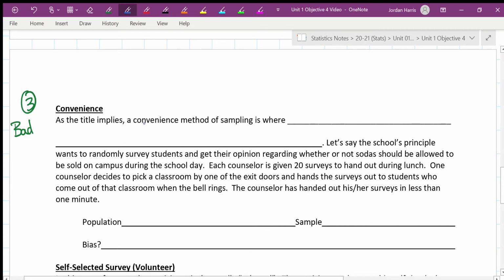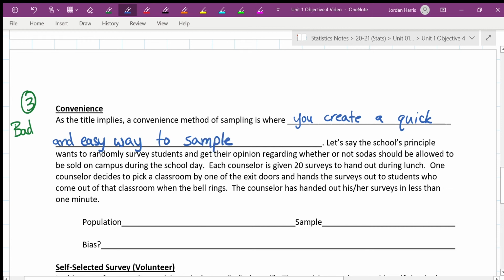As the title implies, a convenience method of sampling is where you create a quick and easy way to sample.